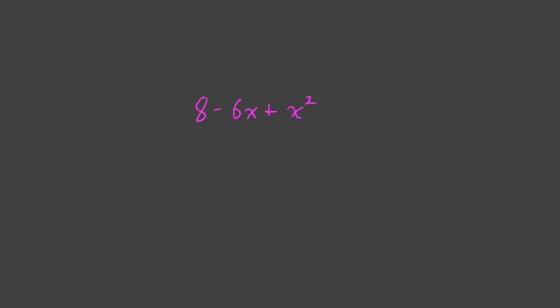Okay, so 8 minus 6x plus x squared. Well, we know that our standard form is ax squared plus bx plus c. So I think we should rewrite this so that it's in standard form. So let's write that with our x squared term first, our linear term second, and our constant last.